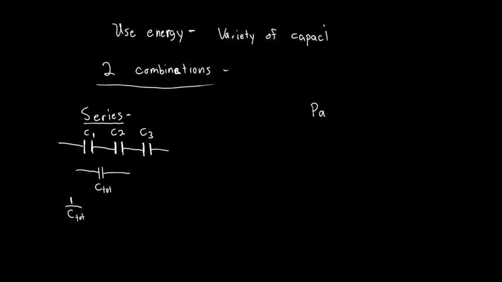The total equivalent capacitance is equal to 1 over C1 plus 1 over C2 plus 1 over C3. If I had additional capacitors, I would just add those on, plus 1 over C sub n, all the way up to however many capacitors I had. In this situation, I only have the 3, so we'll just worry about those 3 capacitors.